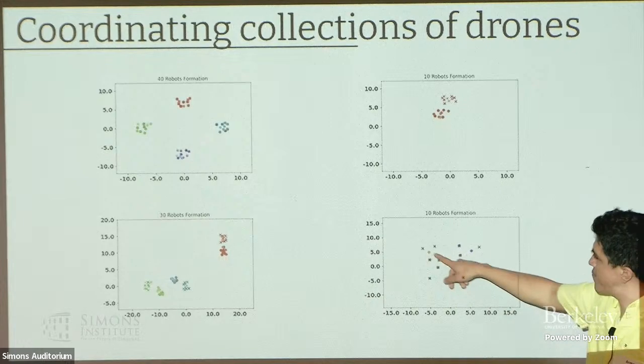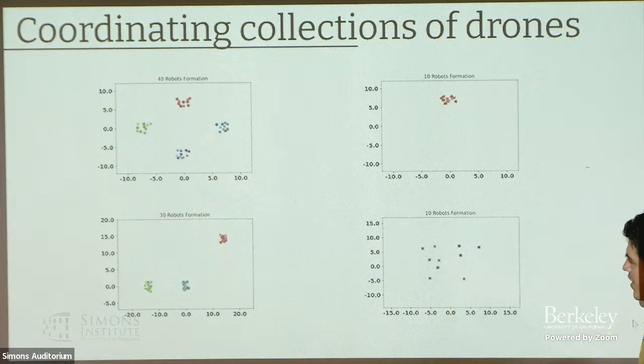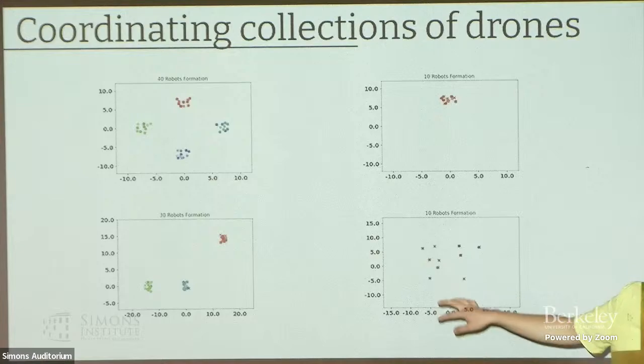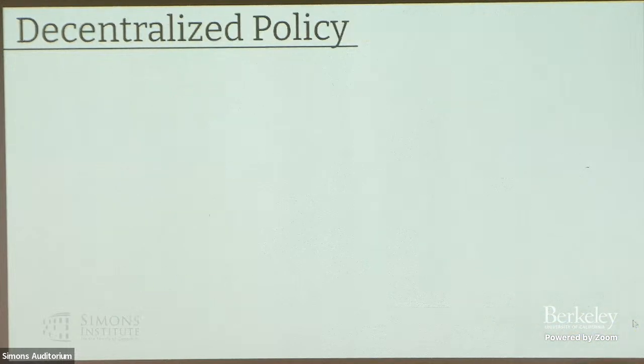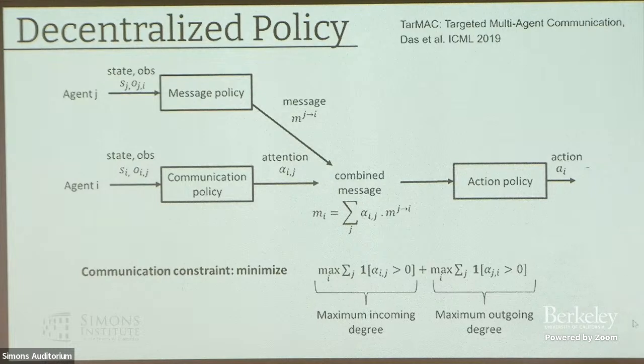In other cases, like this one, there are just some locations, and they have to agree with each other which location each one is going to take, so that they don't both try to go to the same location and end up leaving some other location empty. So it turns out that back in 2019, there was a paper that showed you can do this using attention.